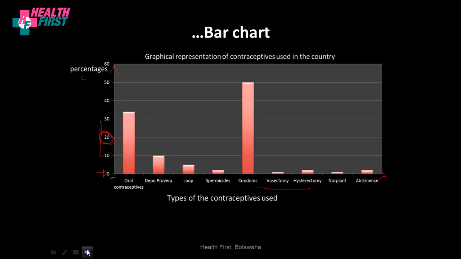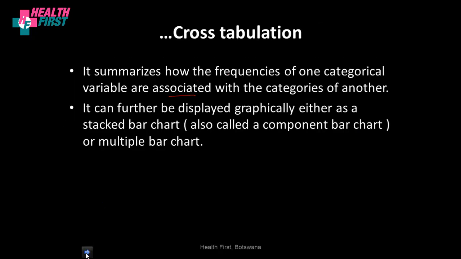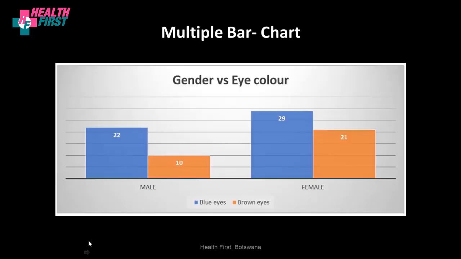But in the case of a 2x2 table, we are dealing with 2 variables, and 2 variables can still be displayed as a bar chart, if you know what you are doing, to show a relationship.